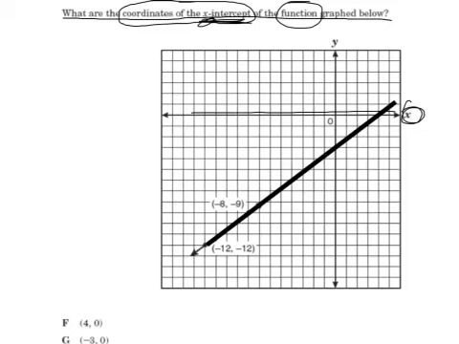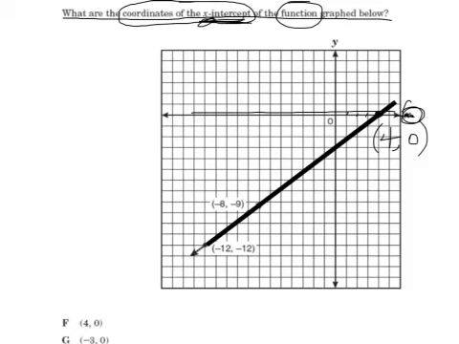And now you can literally just count. The point where it crosses our x-axis is at 1, 2, 3, 4, 0. That point is at 4, 0.